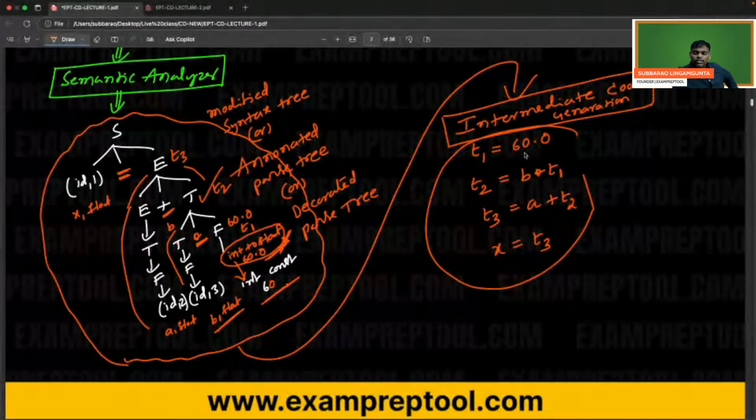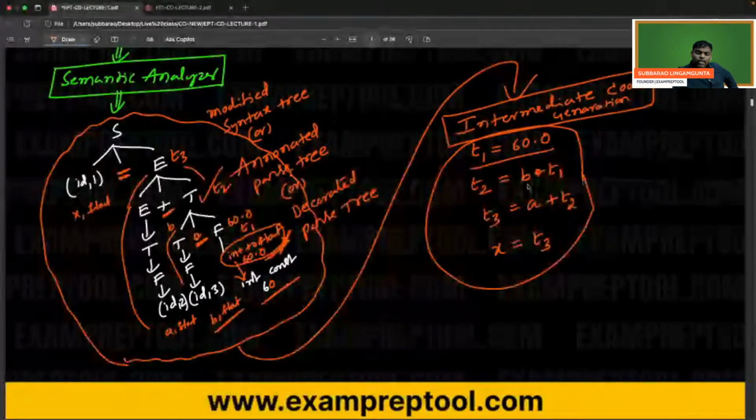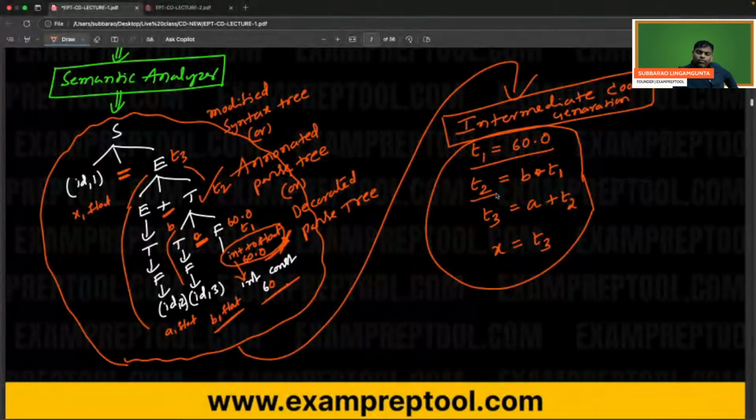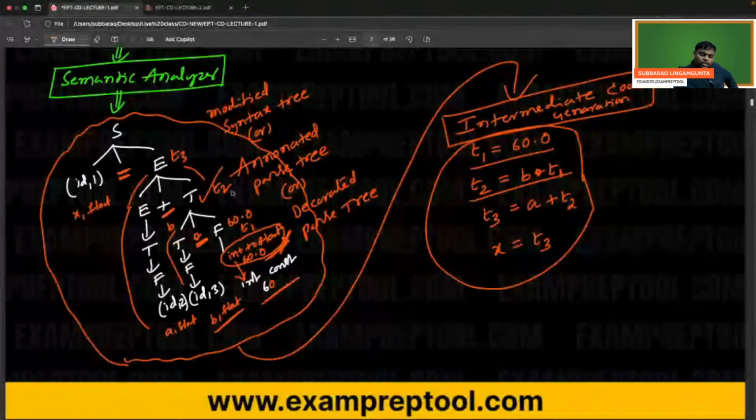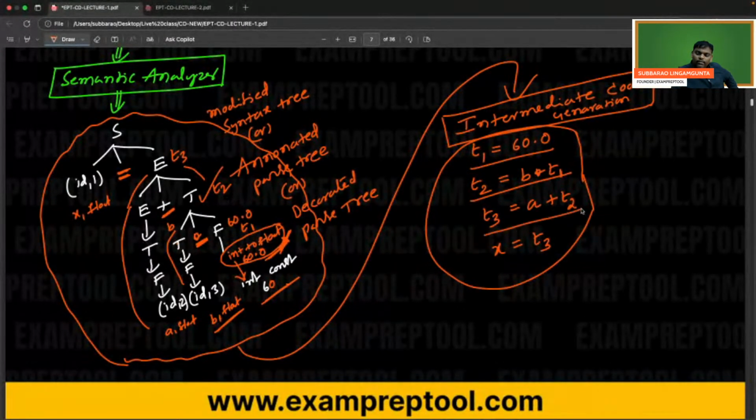First T1 is the converted 60.0. Next, B into T1 is T2. Next, A plus T2 is going to be T3. Lastly, X is equal to T3. So remember, the intermediate code generator input is the modified syntax tree, and the output is intermediate code.